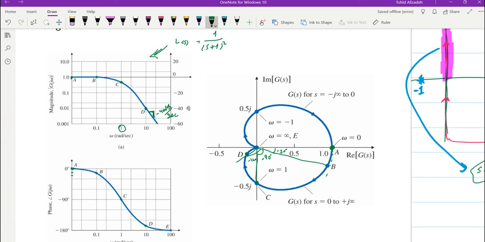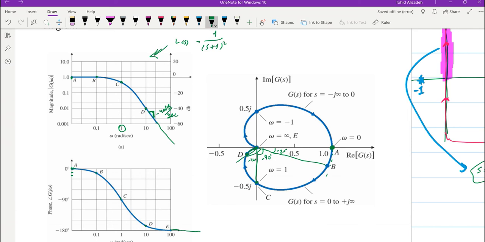And if you continue like that, as we move towards bigger values of omega, as omega approaches infinity, the amplitude gets smaller and smaller, and the phase goes closer to minus 180, and then we will end up at the origin, where we have the angle equal to minus 180 and the amplitude equal to 0.